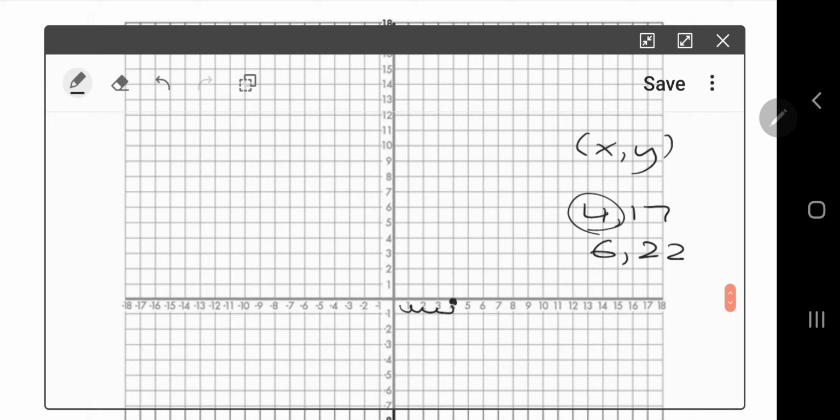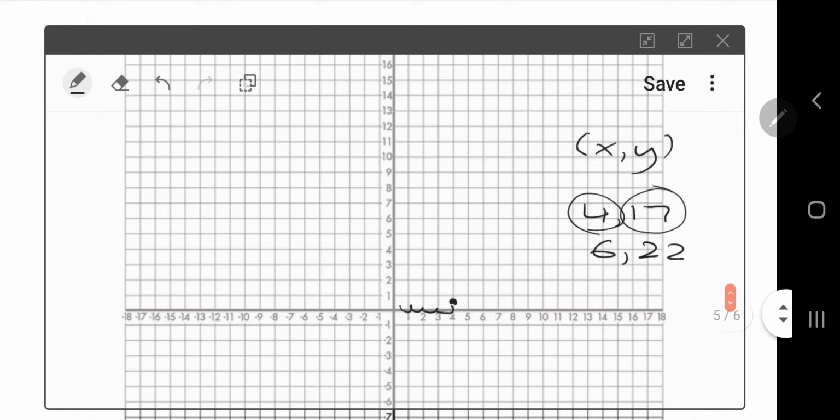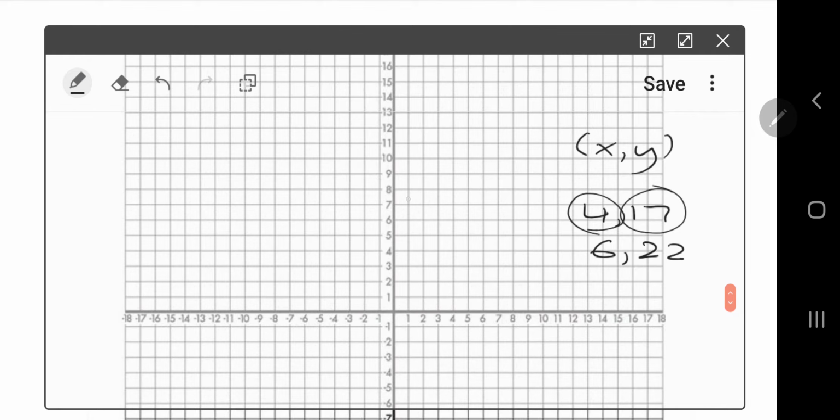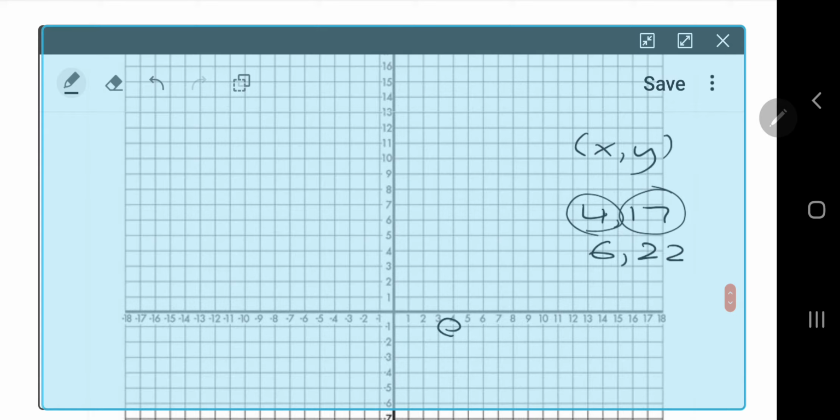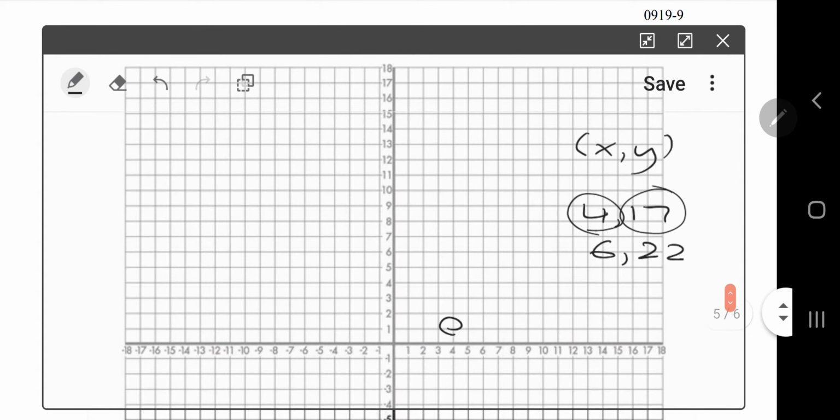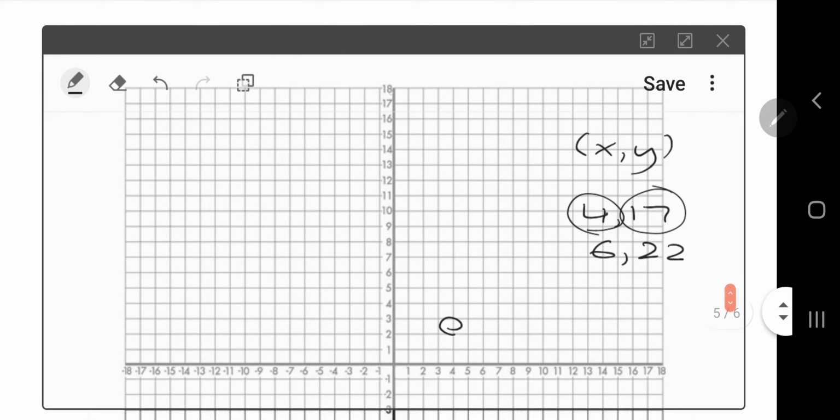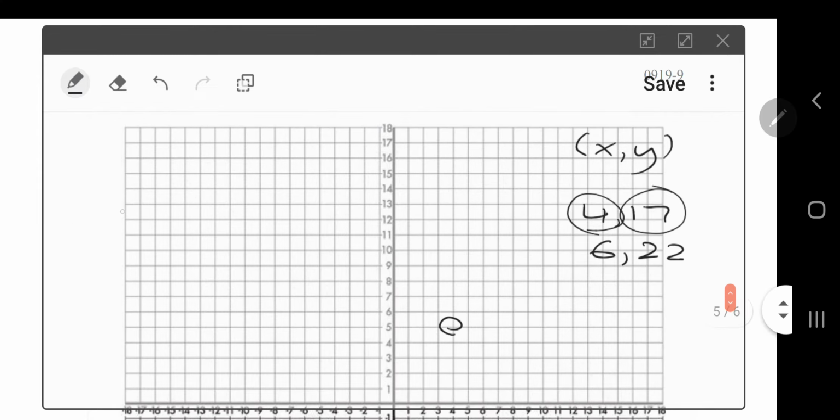Now that's not where we're going to plot our point because we still have this 17 for the y value. So that means once moving to the 4 over here, we have the 17, which is over here, up here. So moving from 4 all the way up here. And then 17 to match it. Your point goes here. So this is going to be 4, 17.